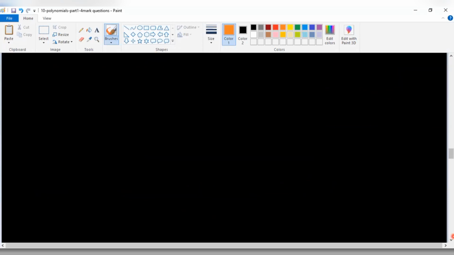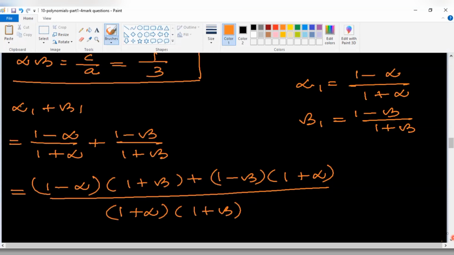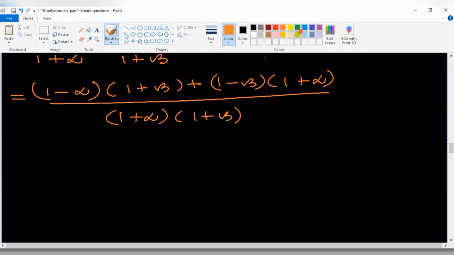Now we have to open the bracket and move. So here 1 into 1, we get it as 1.